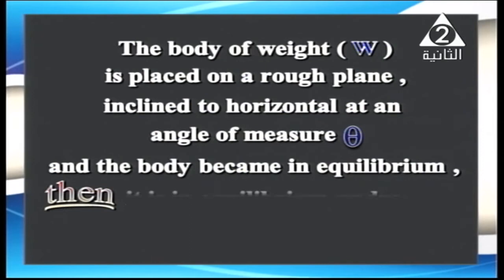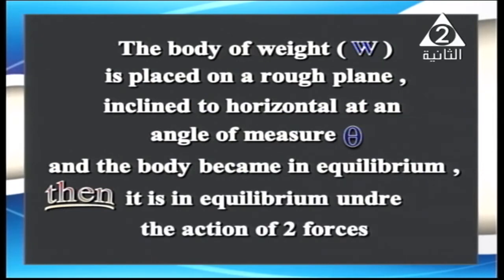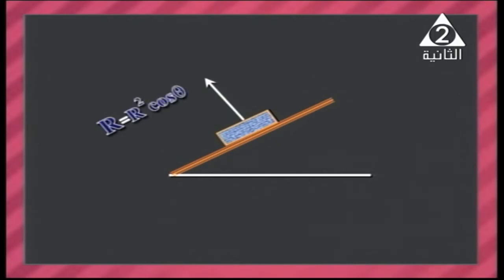Then it is in equilibrium under the action of two forces. Look, a body is put on a plane inclined to the horizontal by angle theta. Look at this normal reaction.